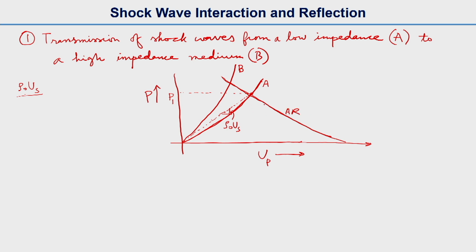That should be approximately a mirror image, and it will cross the curve B, and that point will correspond to P2, the pressure in medium B. AR is, as you know, the curve for the reflected wave, reflected at the interface of medium A and B. This curve is for medium A, and this curve is for medium B, or we can write material B.